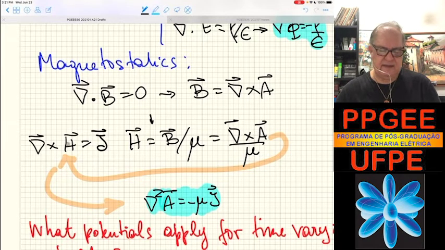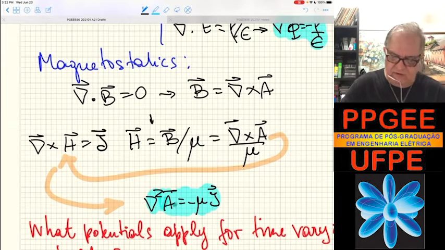You put that in this equation, then you have, given the Coulomb gauge for magnetostatics, divergence of A equals 0. We proved that before. Then we have this equation, which is, let's say, the vector Poisson's equation for A, right?